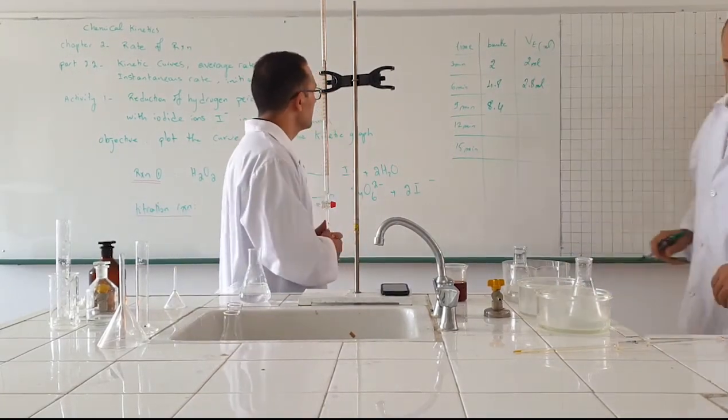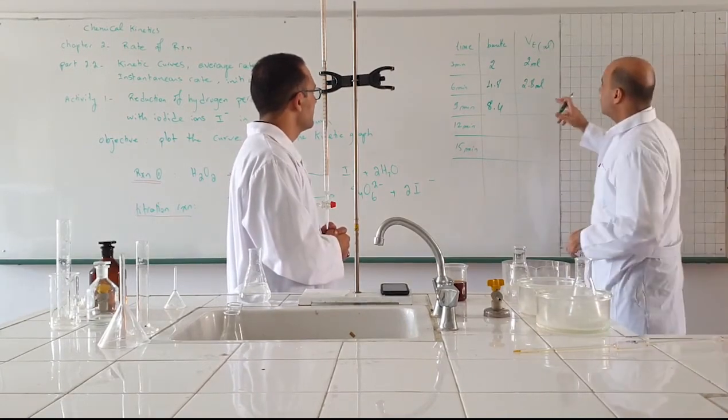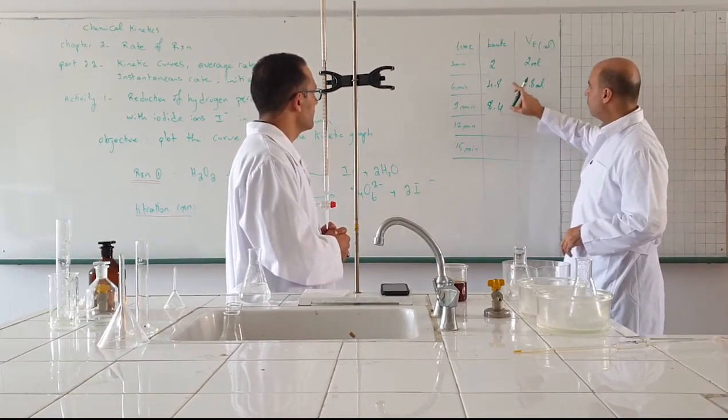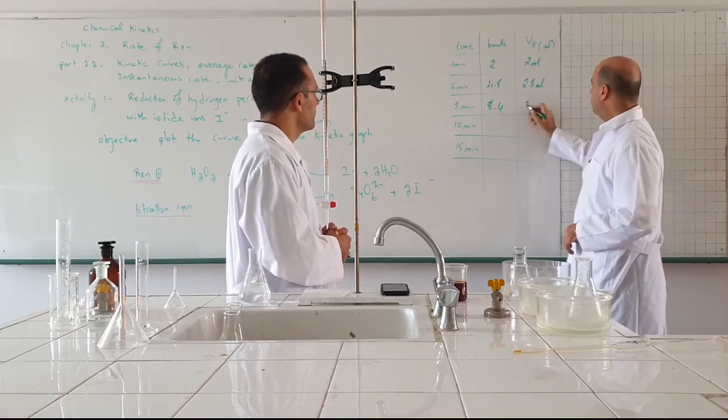Okay, so the volume at equivalence point is 8.4 minus 4.8, 3.6.